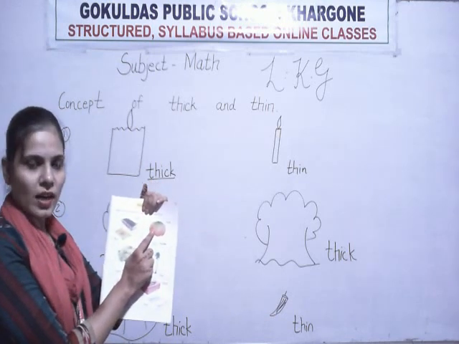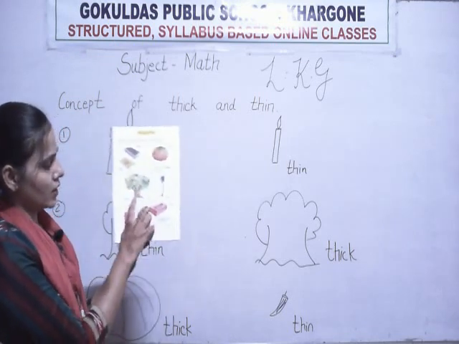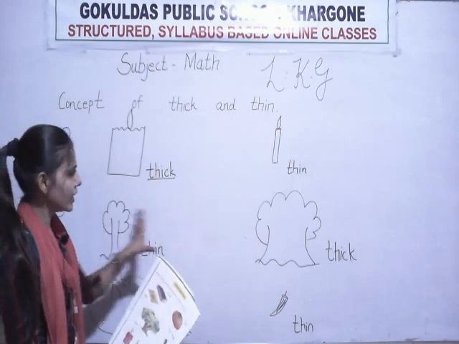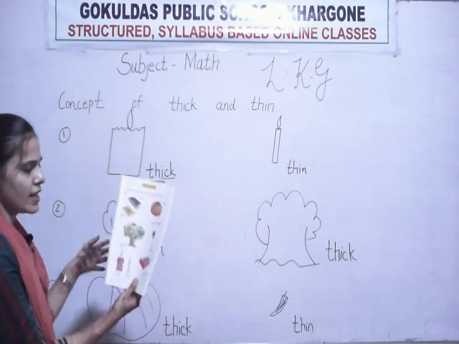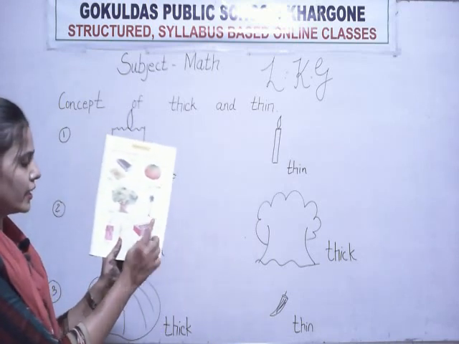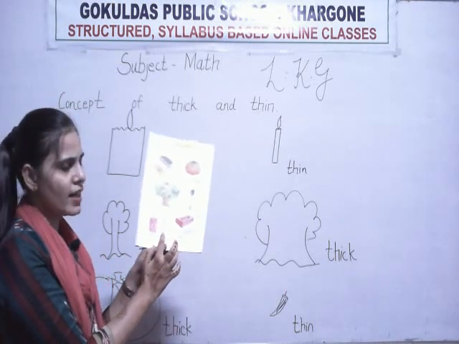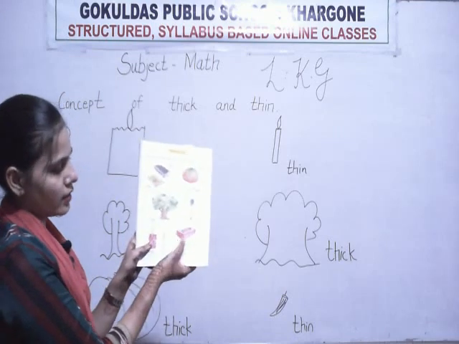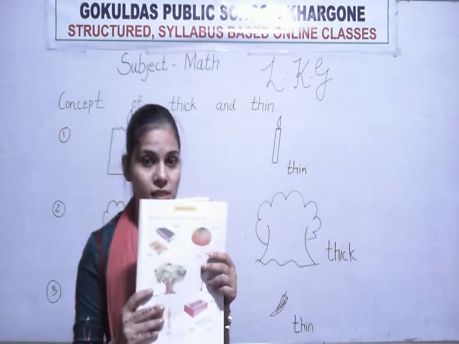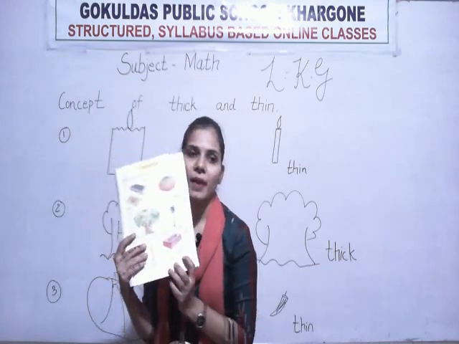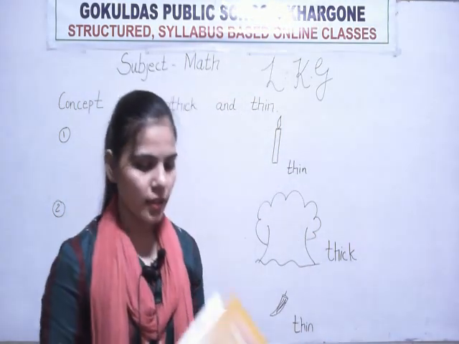Pumpkin, thick one, and green chili, thin one. Here trees, one thick tree and one thin tree. Here candle, thick, thin. Here brick and paper. So brick is a thick object and paper is thin. So there are examples of thick and thin.